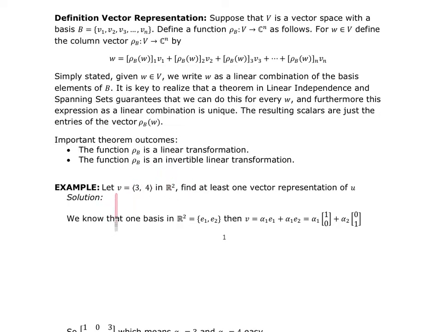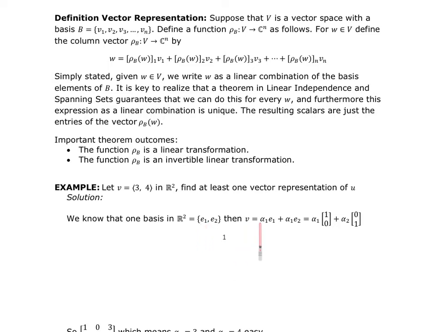So if I go back to my other example, let v be the vector (3, 4) in R2. Find at least one vector representation of v. We can go with our very easy solution by using our unit vectors e1 and e2.